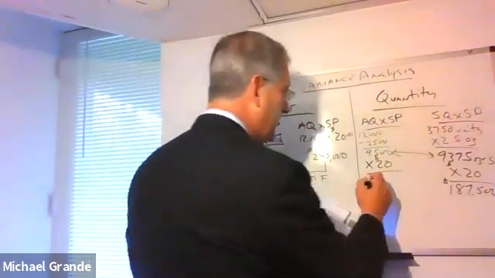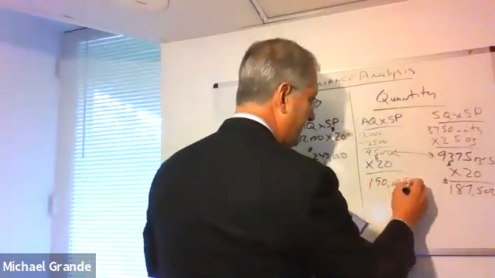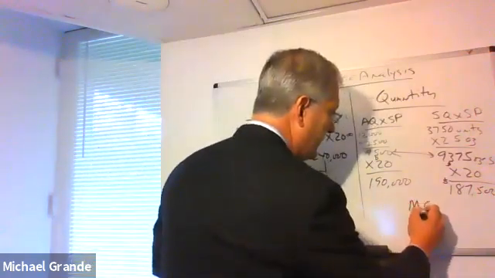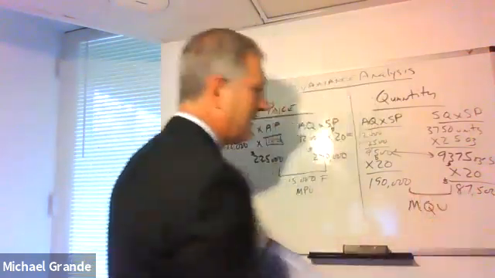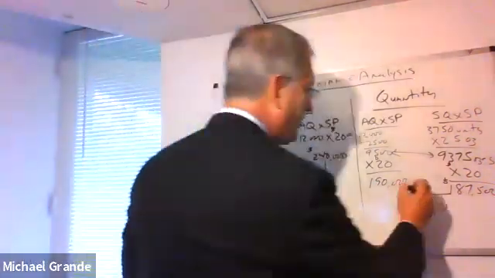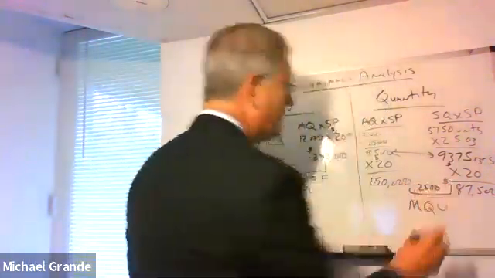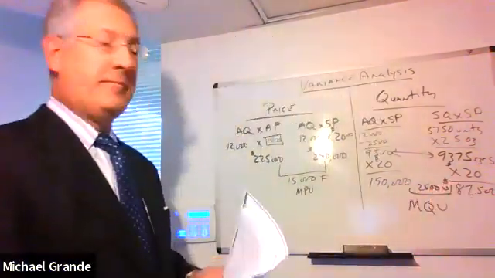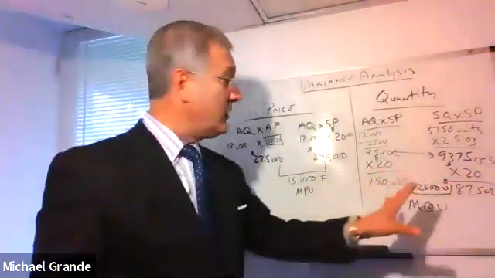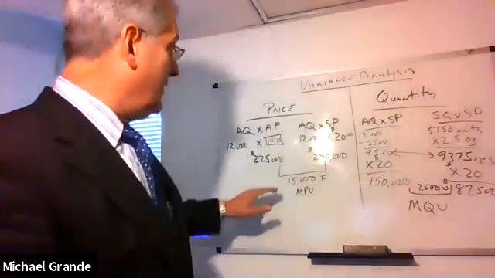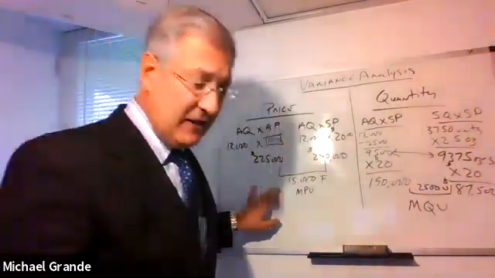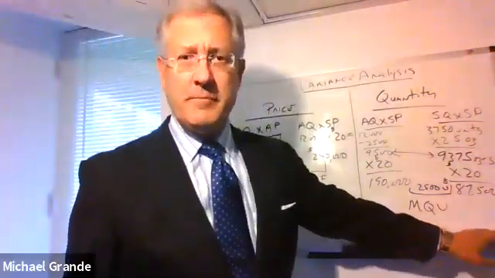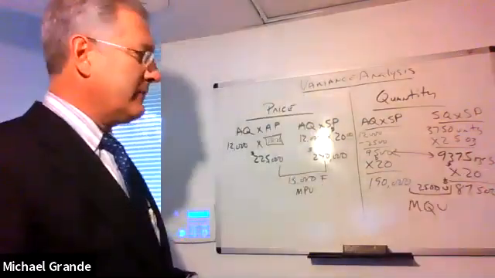This number is 190. This is your materials quantity variance right here, which is what? 2,500 bucks. Unfavorable. So they still did a good job overall, right? With this huge $15,000 favorable variance, but they used a little too much. That's still okay. That's still okay.